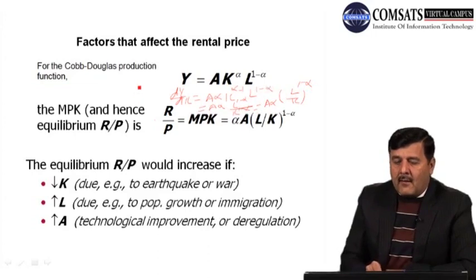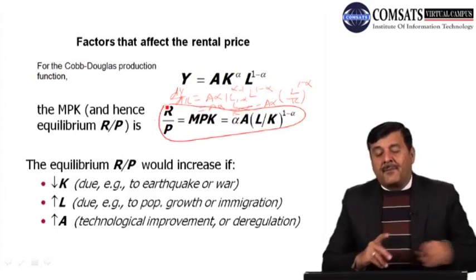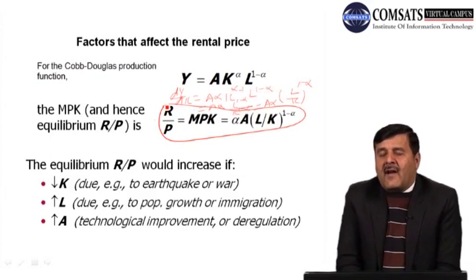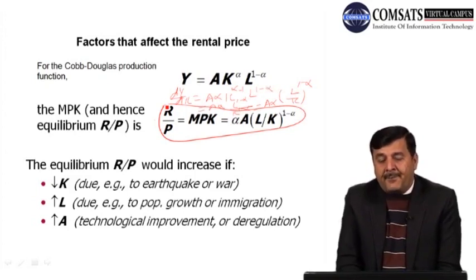So this is the marginal productivity of capital, and as we said, at equilibrium the marginal productivity of capital is equal to the real rental price of capital.